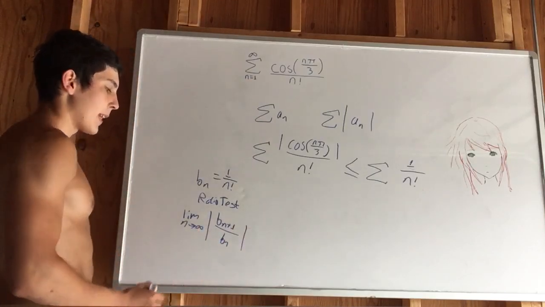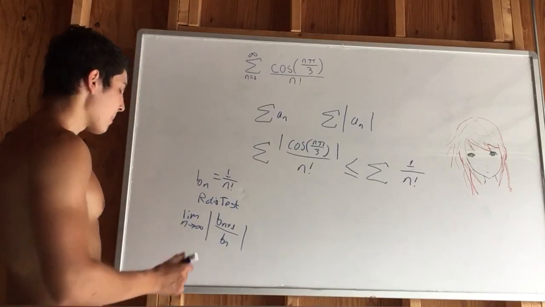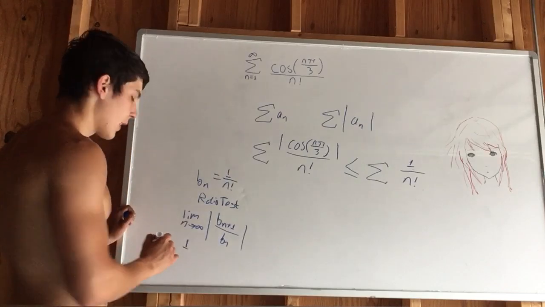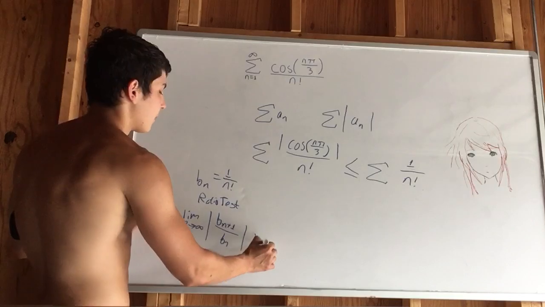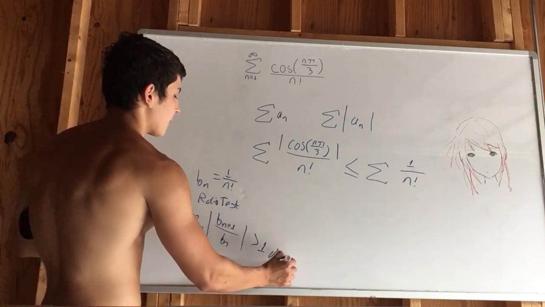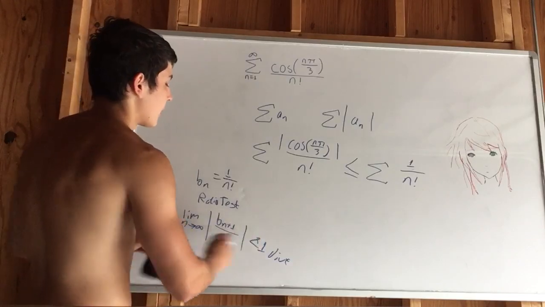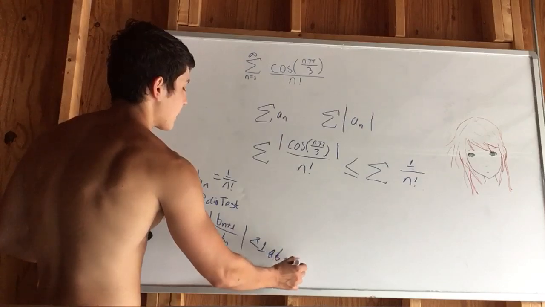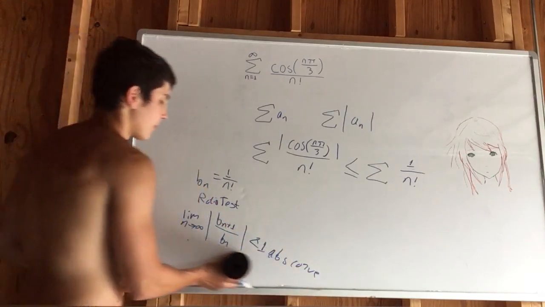Then if this limit gives us 1, it's inconclusive. If it gives us something which is greater than 1, then it diverges. If it gives us something which is less than 1, then it absolutely converges, which implies that it also just converges.